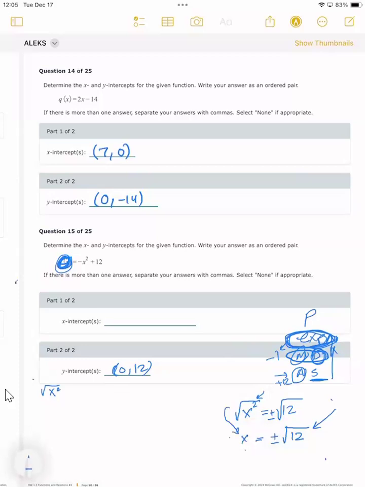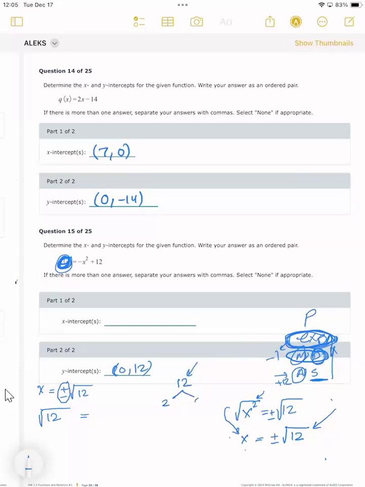So let me write it as x is positive and negative the square root of 12. For a minute, forget about this, and I just want to show you how you simplify this. You break 12 into its prime factors. How do we break 12 into prime factors? You say 12 is an even number, so it's divisible by 2.